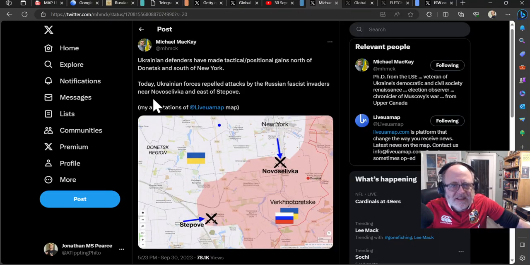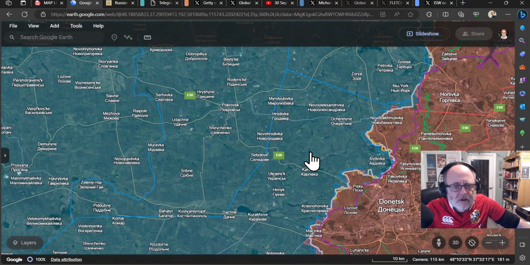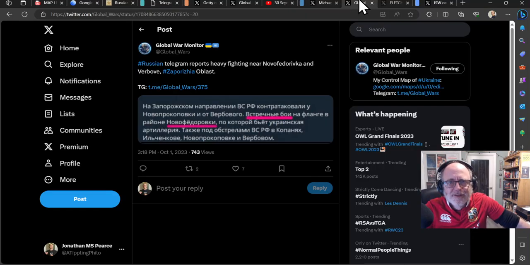It's not particularly detailed today. Ukrainian forces repelled an attack by the Russian invaders near Novoselivska and east of Stepova. Sorry, I missed that out. That's actually all the way back up here near New York in that kind of area. So I'm all over the shop today. Sorry, it's a late one.